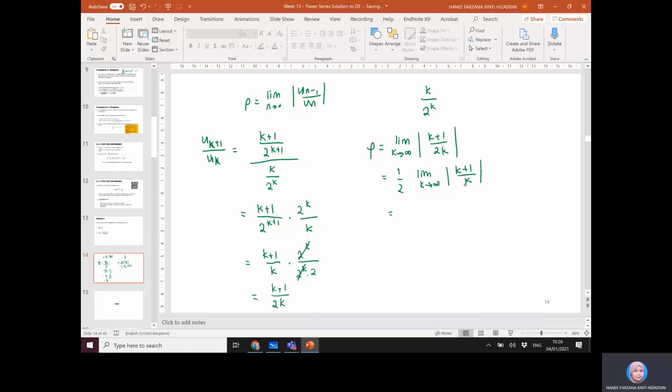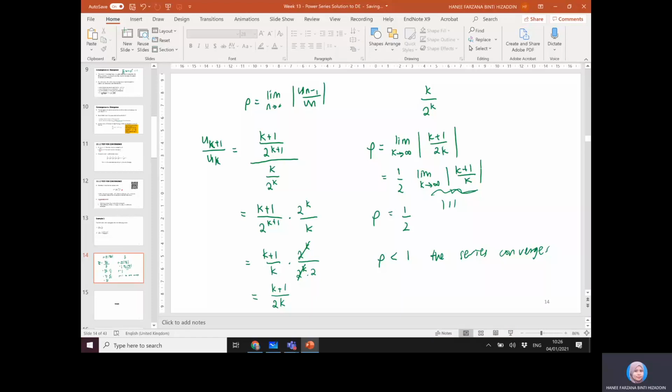As the something approaches infinity, the plus 1 will not be as significant, so this value will just be equal to 1. So your rho is thus equal to 1 over 2. Since rho is equal to 1 over 2 and that is less than 1, the series is convergent.